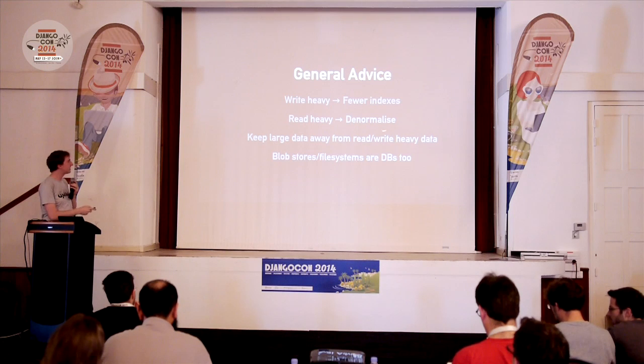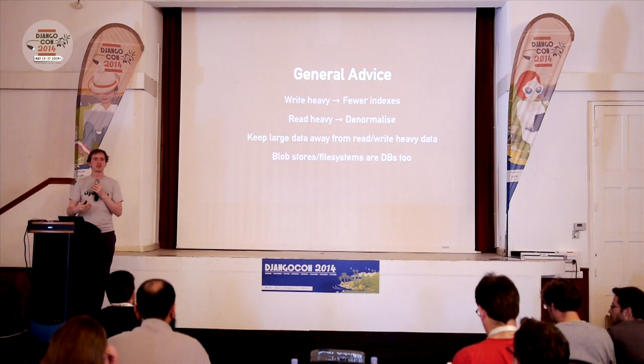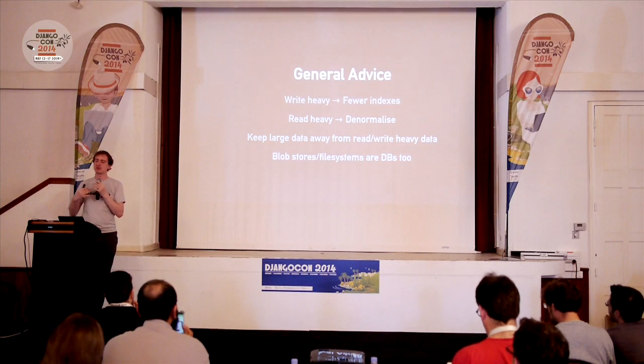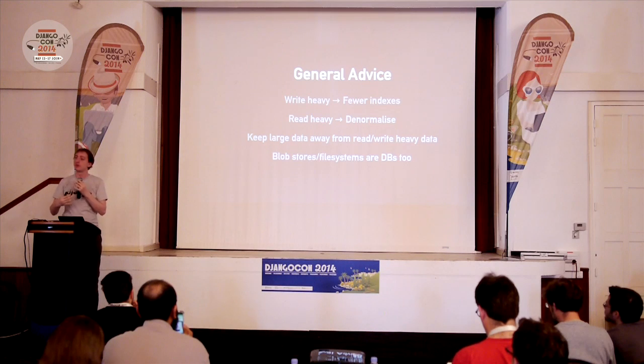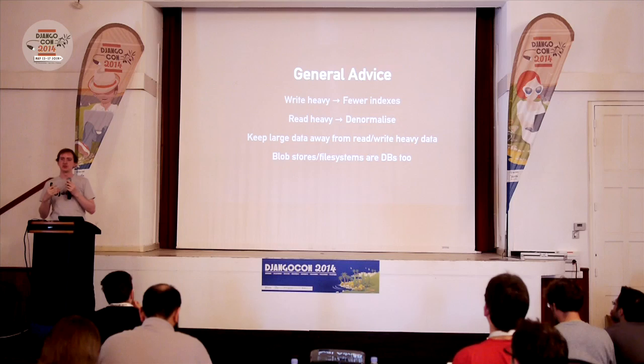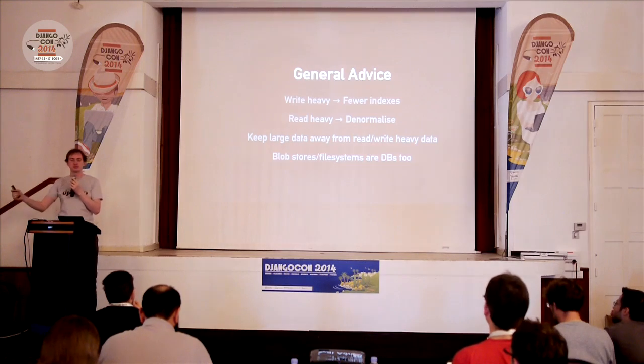Again, if you're read-heavy, the opposite thing is to denormalize. This is kind of moving towards that repeated data you saw in the example of Mongo before. You want to move data to where it might be used more, like at write time. So for example, say I was doing a site that had users who had forum posts. I might denormalize the username onto the forum post.